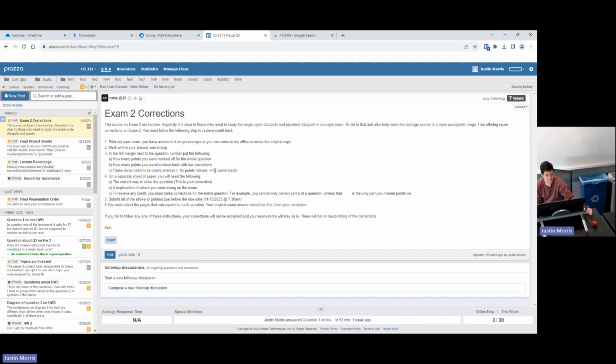So this was exam 2 correction. The other thing is homework 4, homework 5, and homework 6 are all released on Canvas. You can complete homework 4 right now.